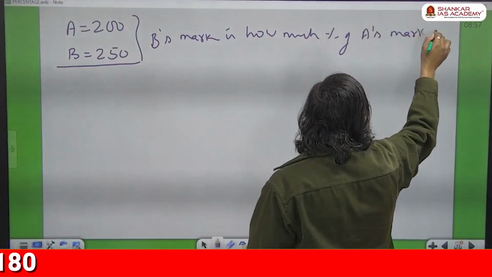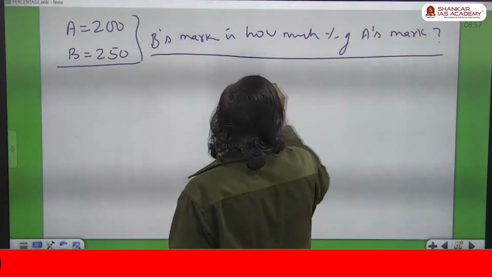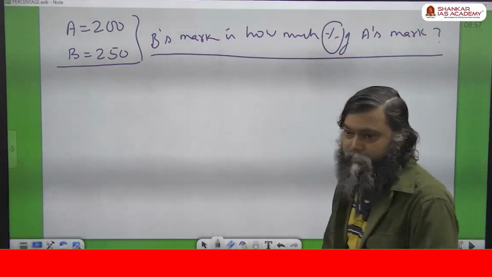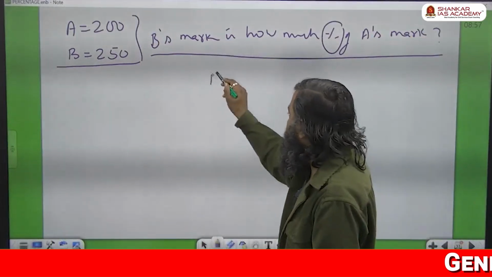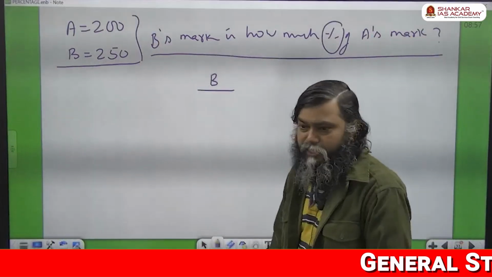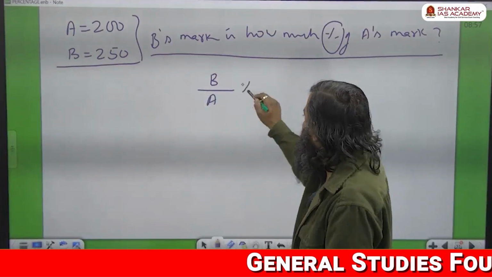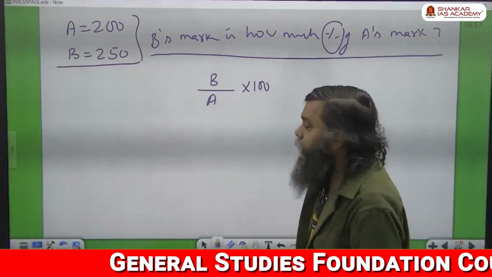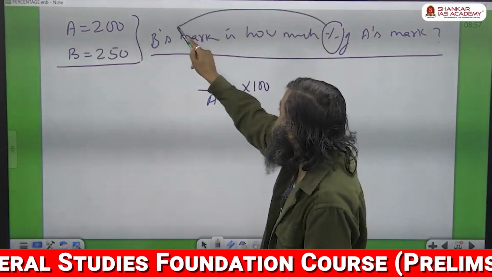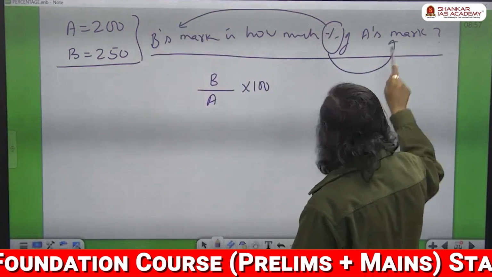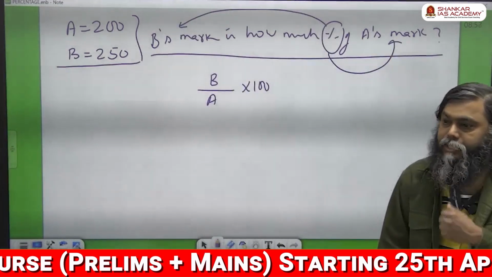Tell me, you are going to find the percentage. Whose percentage are you deriving? That has to be the numerator. The reference point is going to be the denominator, multiplied by 100. Before the percentage is the numerator, after the percentage is the denominator. Do you understand this?